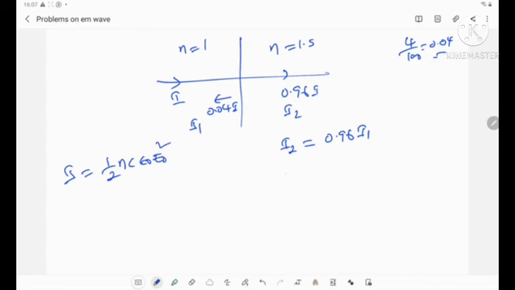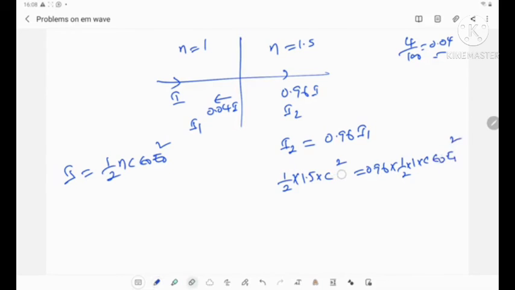Therefore, I2 means 1 by 2, n is 1.5, into C, epsilon naught, E naught square, that is equal to 0.96 into 1 by 2, here n is nothing but 1 for I1, C into epsilon naught into E1 square.